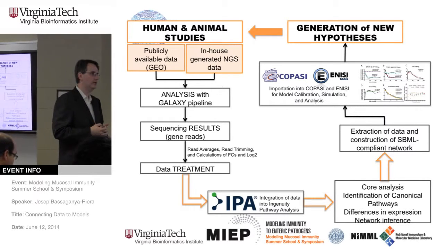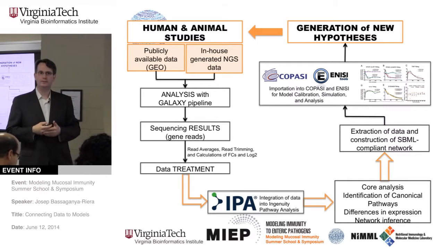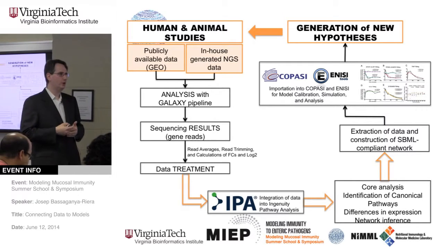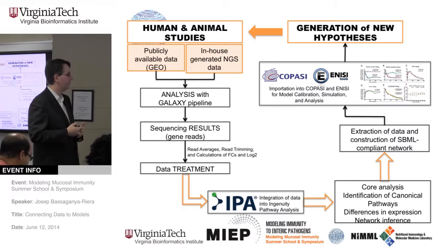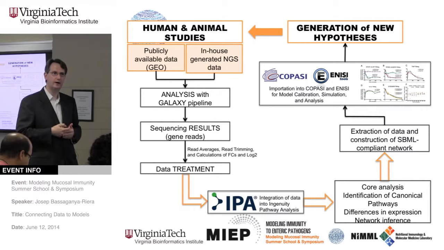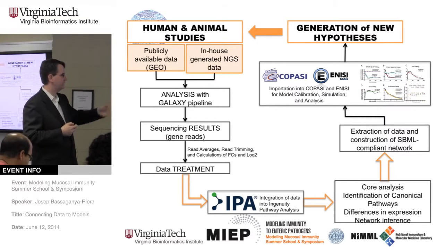We decided to run some RNA-seq analysis to understand what was going on, why the deficiency of PPAR gamma in macrophages resulted in lower levels of H. pylori. What's the immunological mechanism underlying that phenomenon? So basically we ran a co-culture study, and then we collected RNA from those macrophages at different time points. And we ran this through the Galaxy pipeline.